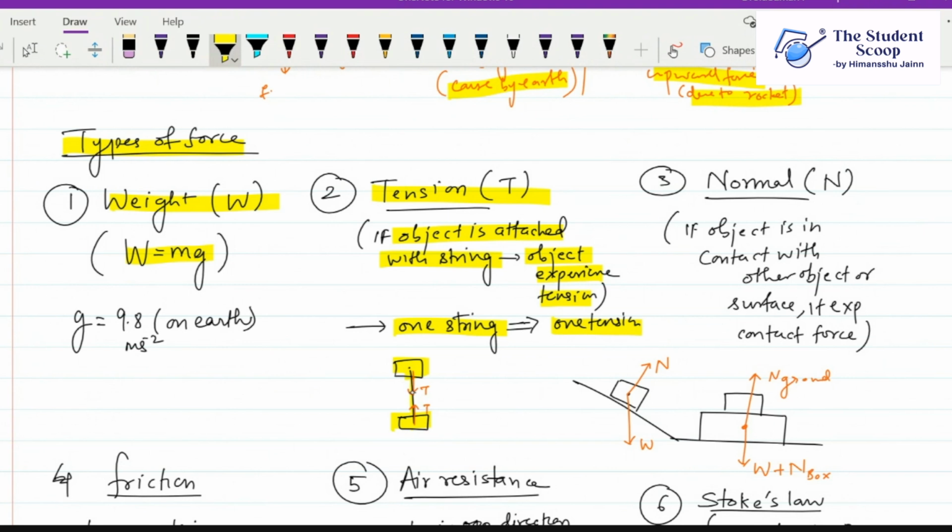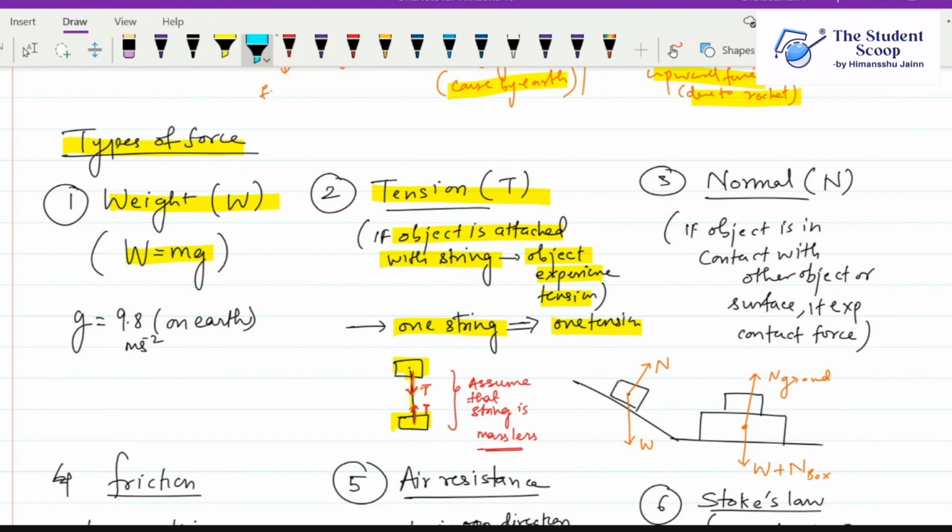Tension is always applied in the direction of the string. If the string is experiencing a downward tension of T, then the other end of the string should also experience the same. Now, this is a much more important assumption: we assume that the string is massless. If the string has some mass, then we can't consider one string to be equal to one tension. So this is a very important assumption.